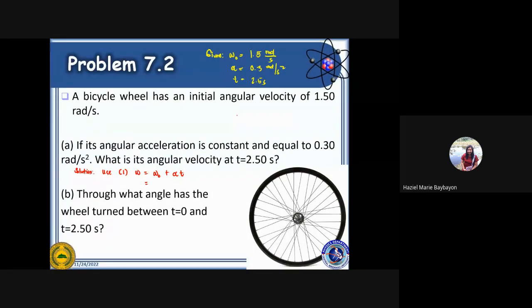All right, and then we just have to substitute. So you have 1.5 radians per second plus alpha, which is 0.3 radians per second squared multiplied by the time, which is equal to 2.5 seconds. Okay, so pila man ni siya class? 1.5 plus 0.3 times 2.5, that is 2 point, pila ni class?